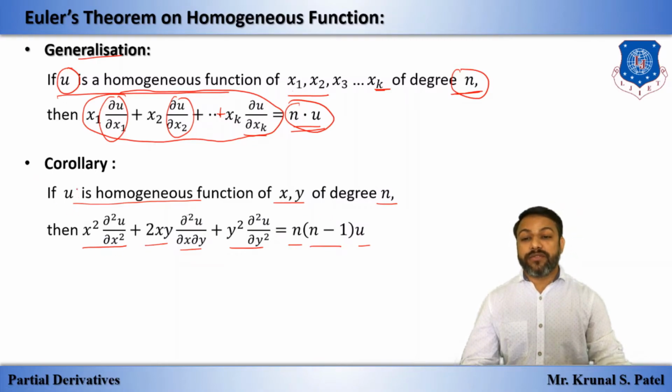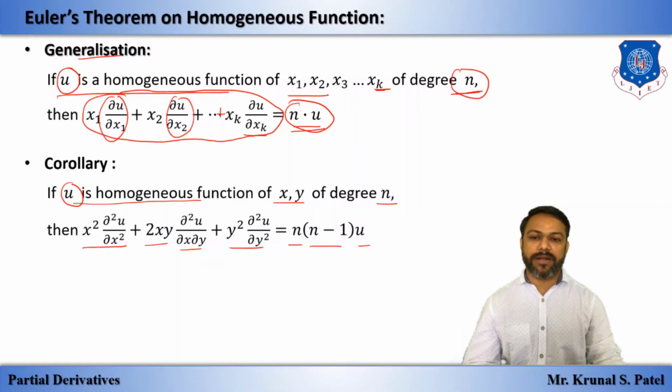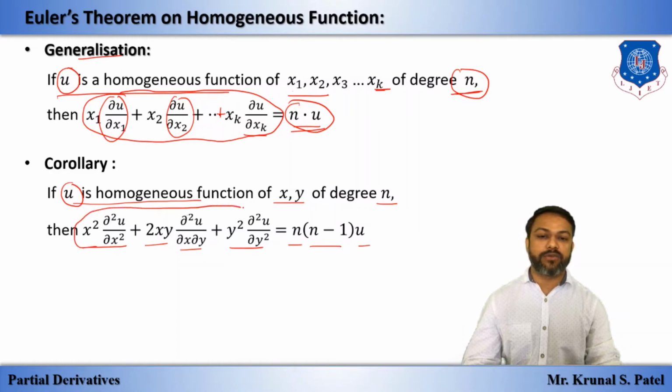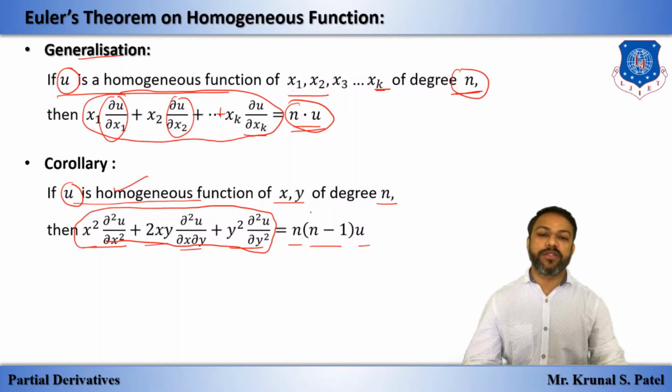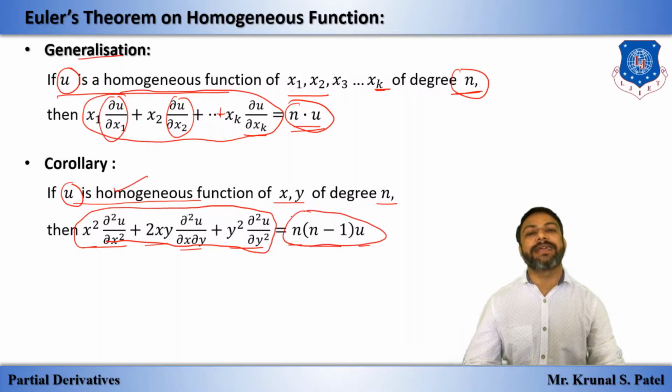So if u is a homogeneous function, we have applied it for the first order, and in the same way we can apply it for the second order derivative, but for that we have to remember this format. So whenever in an example this format is given on the left hand side and the given function is homogeneous, you can use this statement directly. No need to find all these derivatives. You can use Euler's theorem directly.